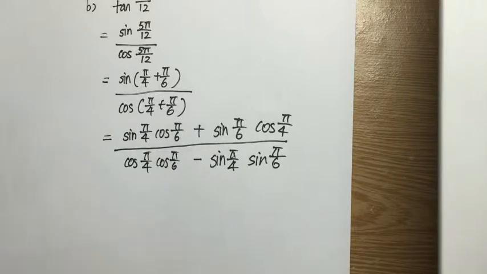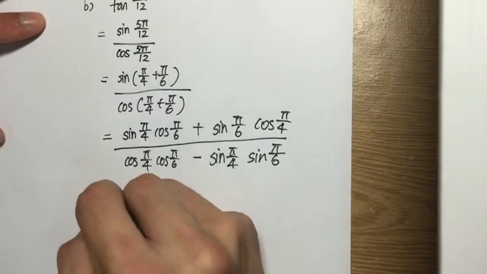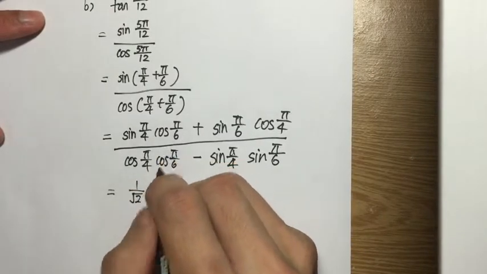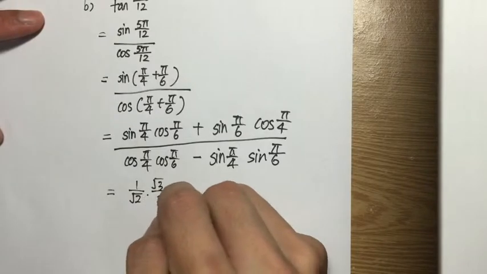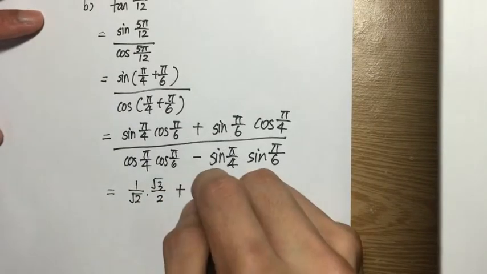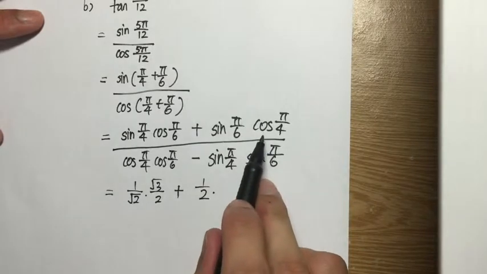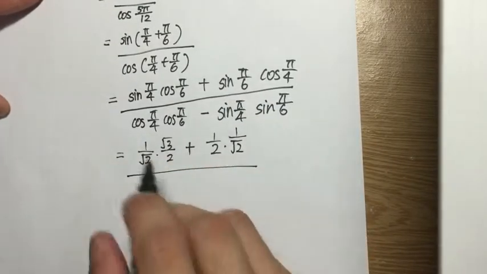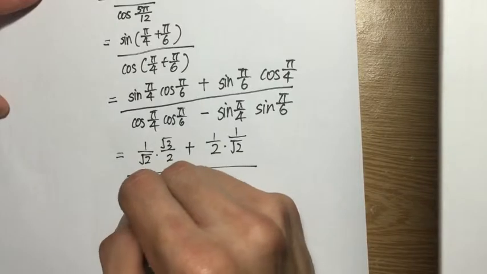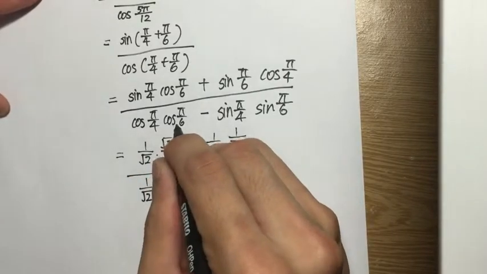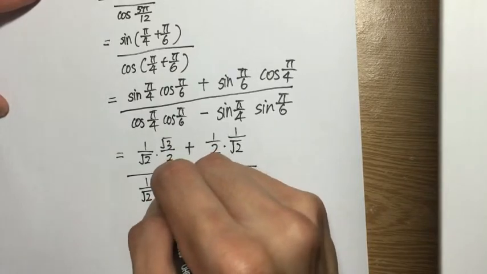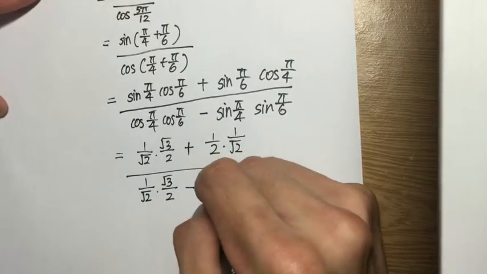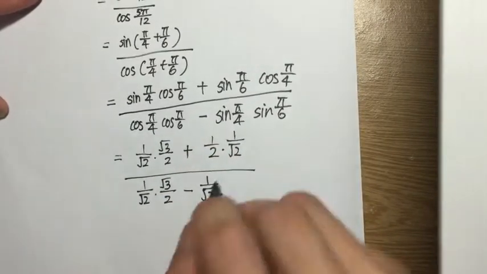Hence, we can simply substitute in the values and get 1 over root 2 times cos pi over 6, which is root 3 over 2, plus sine pi over 6, which is half, times cos pi over 4, which is 1 over root 2, over cos pi over 4, which is 1 over root 2, times cos pi over 6, which is root 3 over 2, minus sine pi over 4, which is 1 over root 2, times sine pi over 6, which is half.